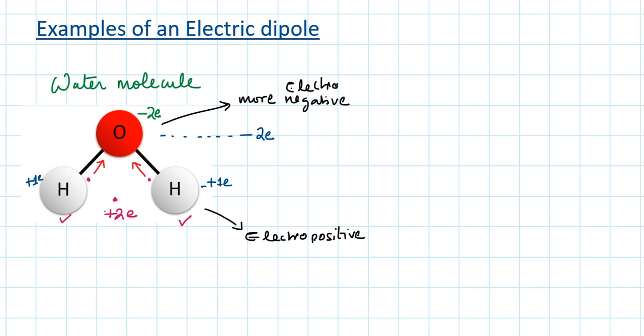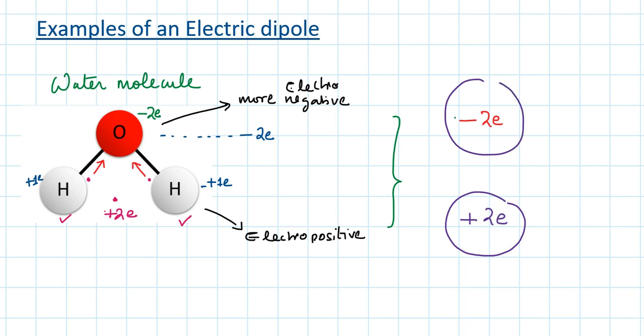So as you can see, in this situation we have separation of centers of charge: minus 2e on one side and plus 2e on the other side. So we have separation of charges which are equal in magnitude but opposite in polarity by a very tiny distance between them.